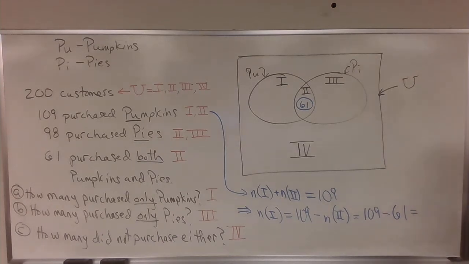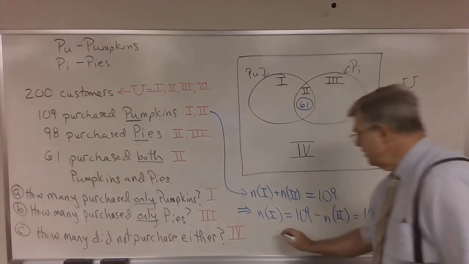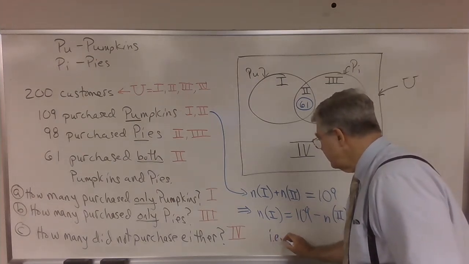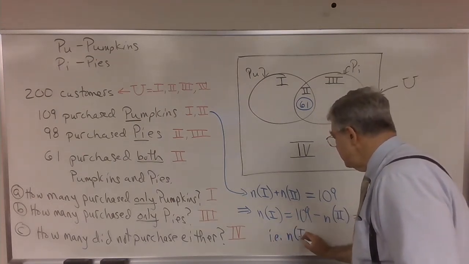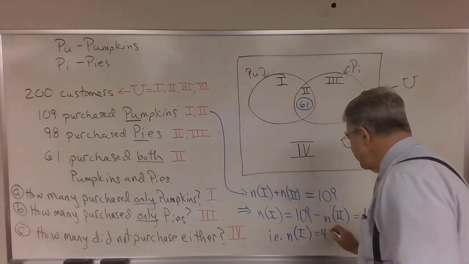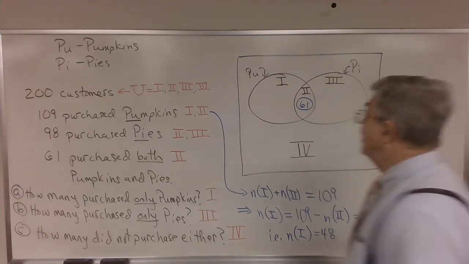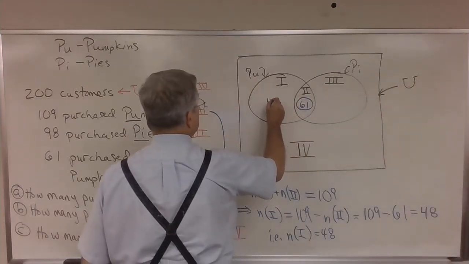So that equals, wait a minute, don't tell me. What is it, 48? Okay? So the number in region 1 is 48. Oh, we're golden now. We're getting somewhere.